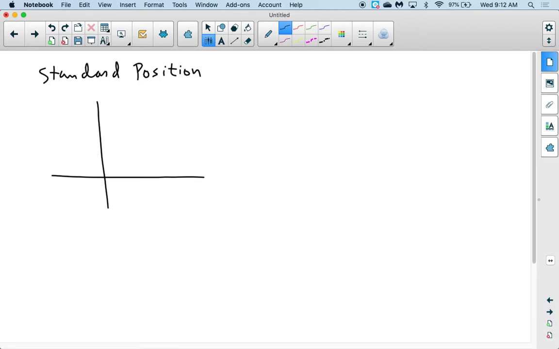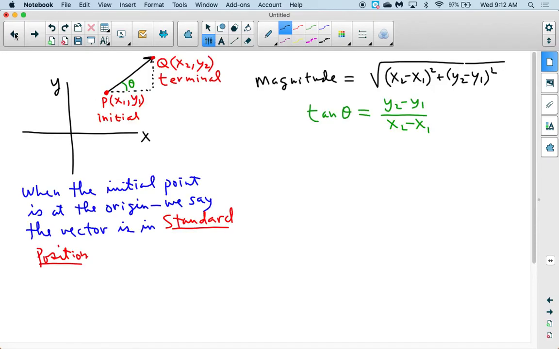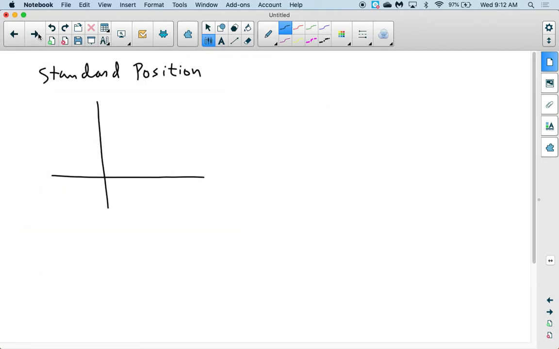So again, I just want to remind you of something I didn't mention before, so let's talk about it again. If I've got a vector PQ and I wanted to move this vector into standard position, all I would need to do is undo the initial point position.